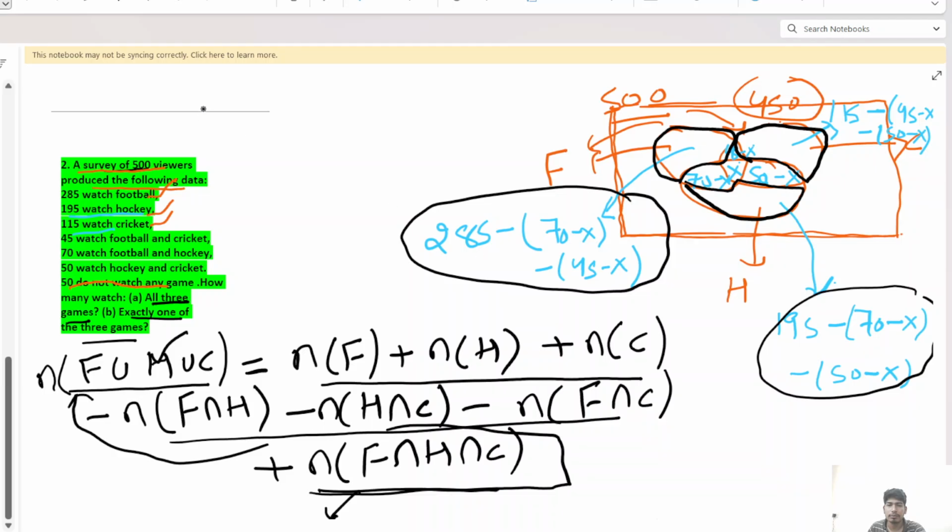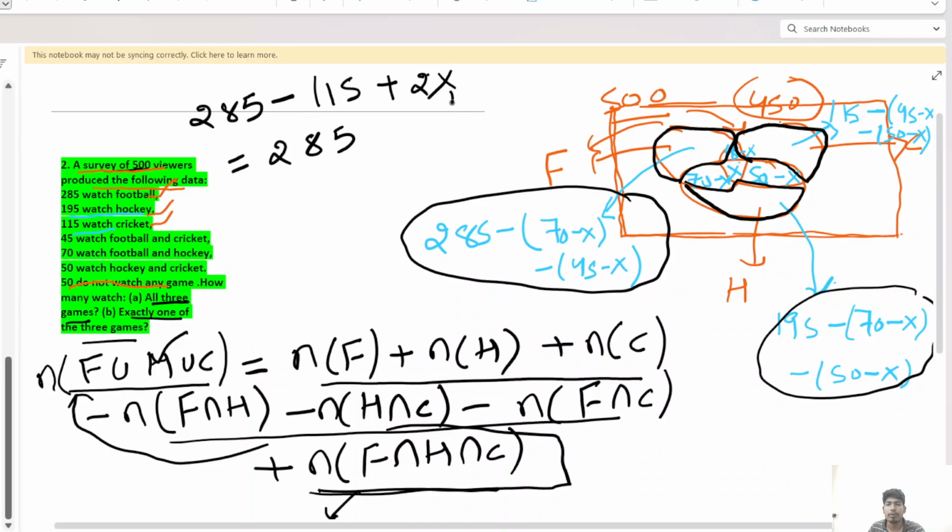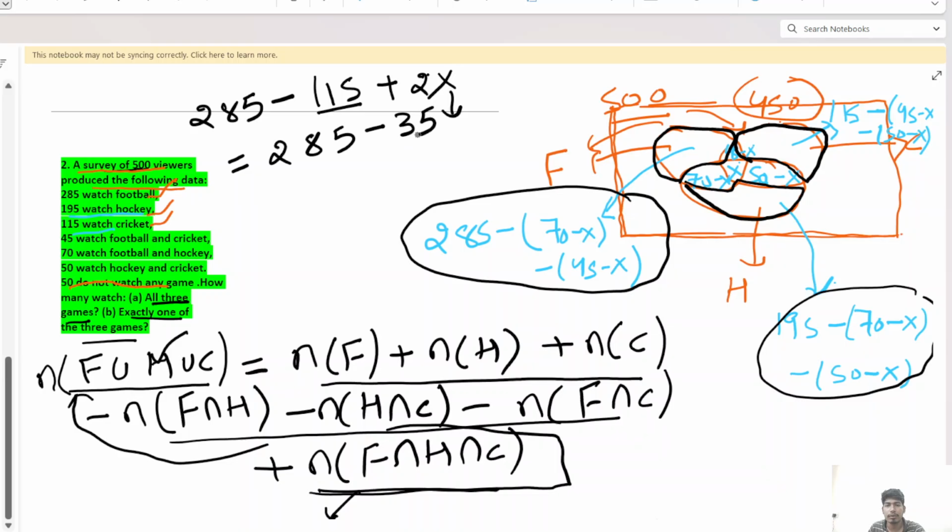285 minus 115 plus 2x, sorry, plus 2x, then this is 285, this is 40, and 40 into 2 is 80, then we find only 35.